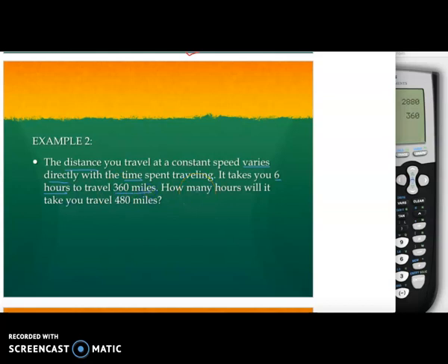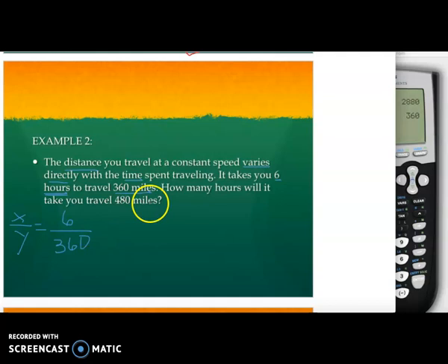So let's just write what we know first. Let's set up our proportion, our x-y proportion. We know x is time, and we know it takes us 6 hours. Hours is time, so we're going to write 6 for x, and that leaves our 360 miles for y. So 360 is y.